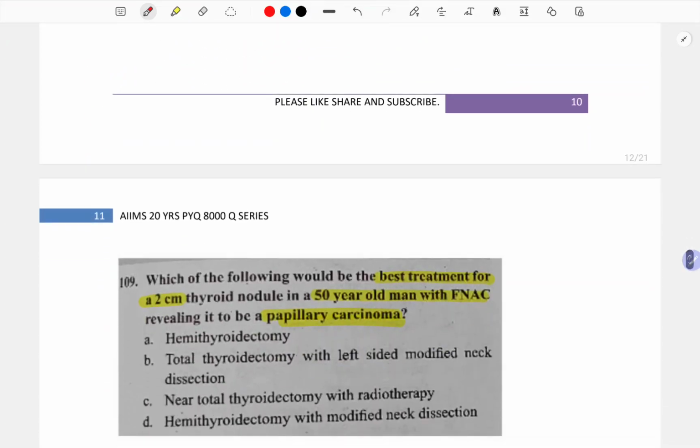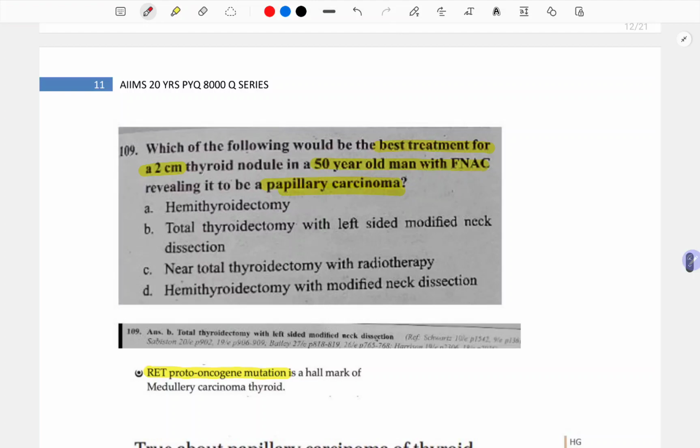Now, which of the following would be the best treatment for a 2 cm thyroid nodule in a 50-year-old man with FNAC revealing papillary carcinoma? See, papillary carcinoma is less malignant, but it can also spread. So we prophylactically do total thyroidectomy with left-sided modified neck dissection. We will not prefer hemithyroidectomy, which leaves part of the carcinoma in the gland, or near total thyroidectomy.